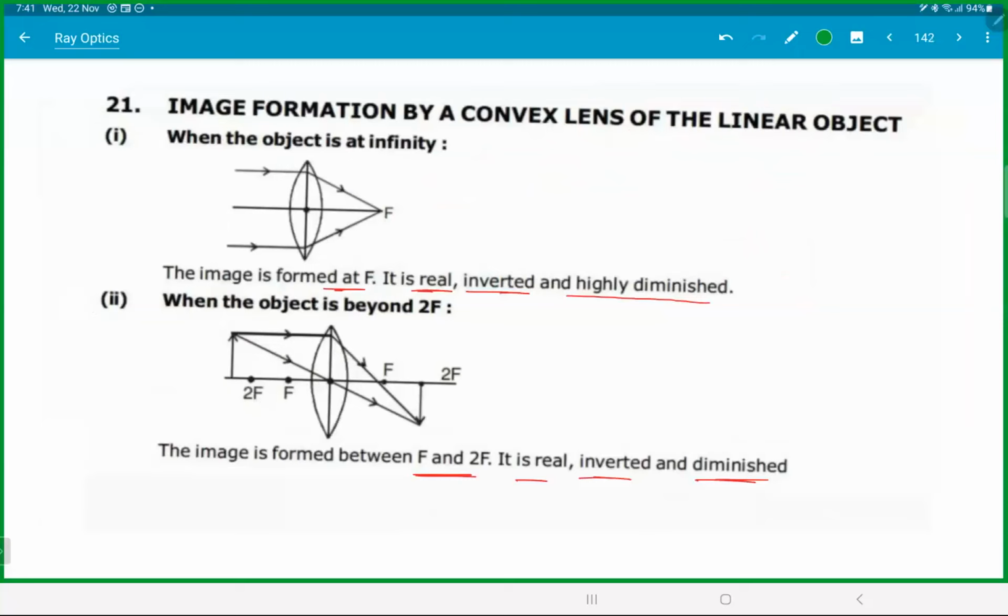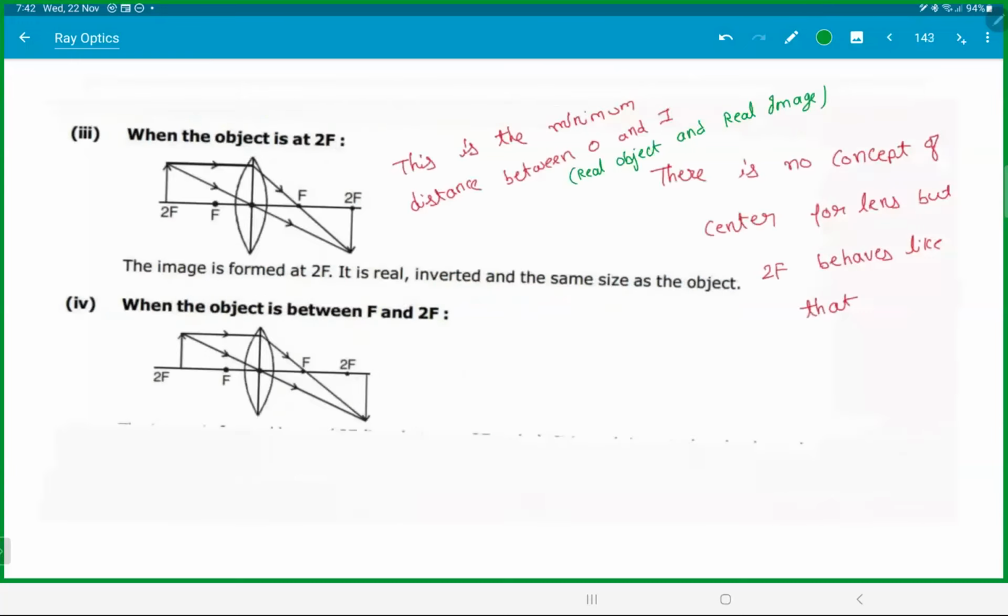Have a look at this. Yeah. Have a look at these two.